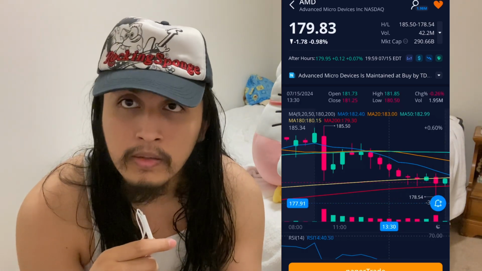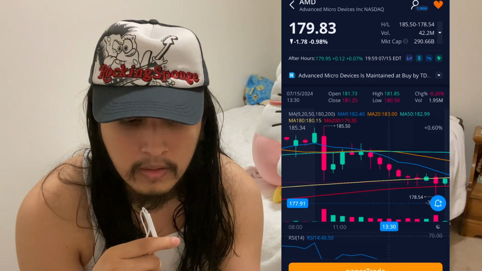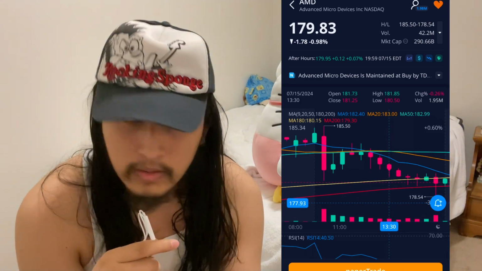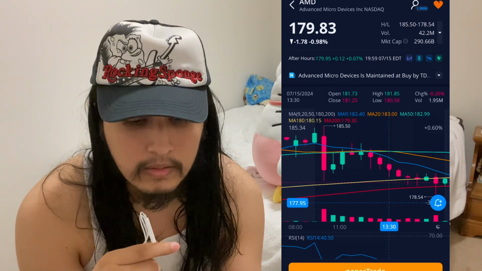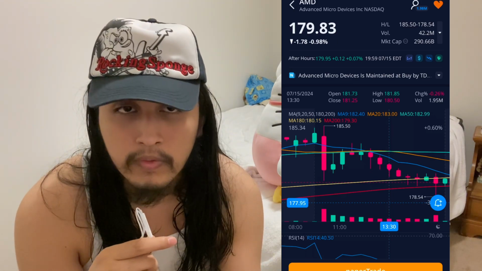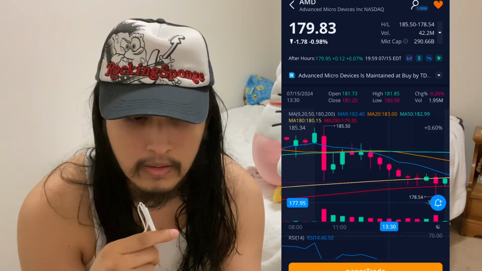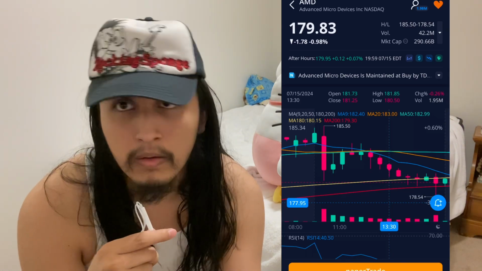I'm just going to wait until it touches the 180 or 200-day moving average. It's surely going to bounce off the 180 or 200-day moving average. That's the only last two support levels that AMD can bounce off of.